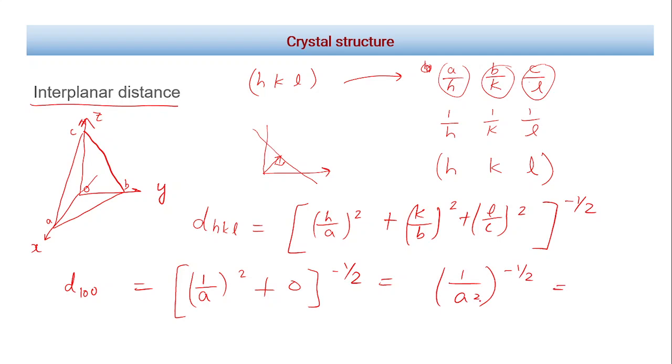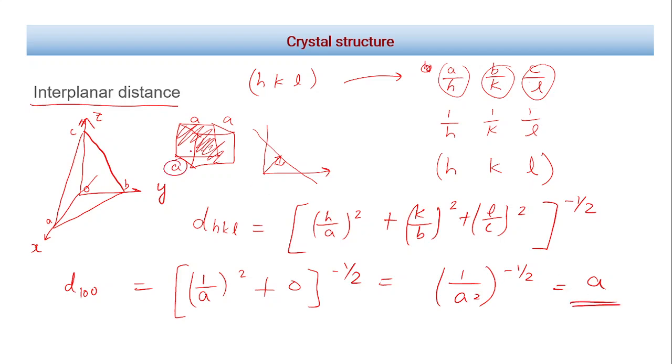That means a square, square root of a square means a, and we take the reciprocal, meaning a. So the distance between 1, 0, 0 planes will be a, which we know. If it's a cubic lattice and this is the 1, 0, 0 plane, and the back one is also, then the distance between them will be a, which we got from this formula.